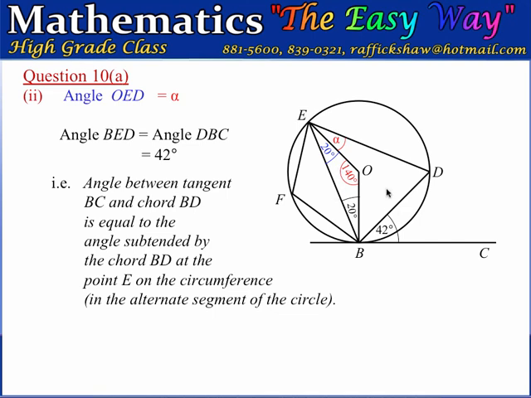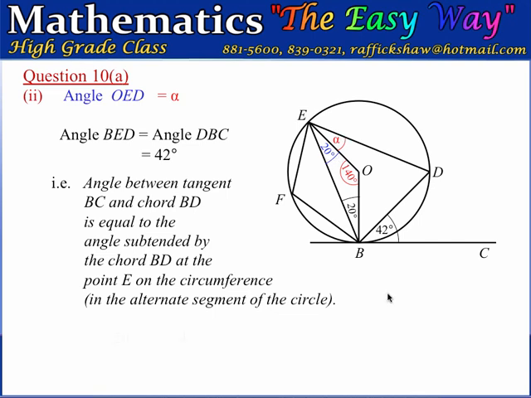If we shade out this information, we can make that clear. The angle here between this chord and this tangent is 42 degrees, and therefore this chord will subtend the same 42 degrees at the circumference in this segment of the circle. So the angle between these two sides is 42 degrees. If we remove that shading, we see that that 42 degrees comprises alpha and 20 degrees.